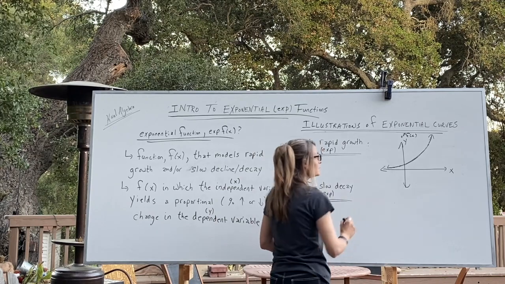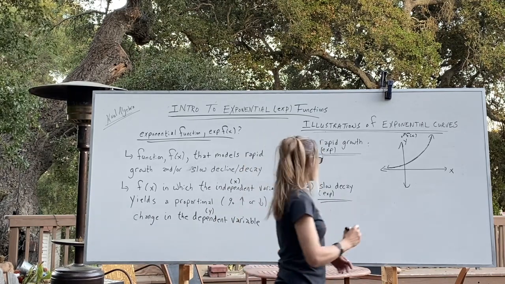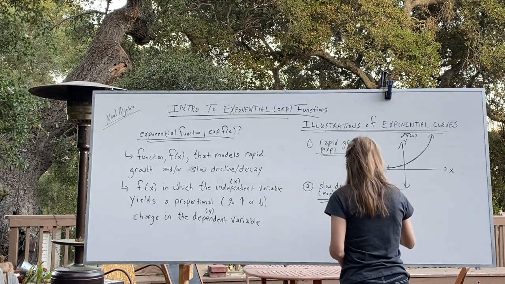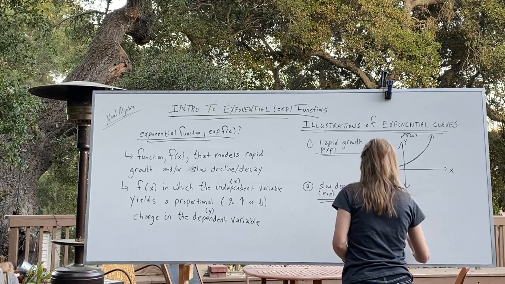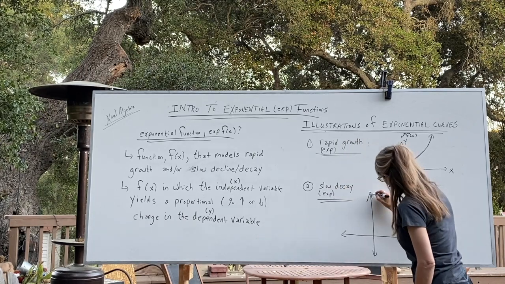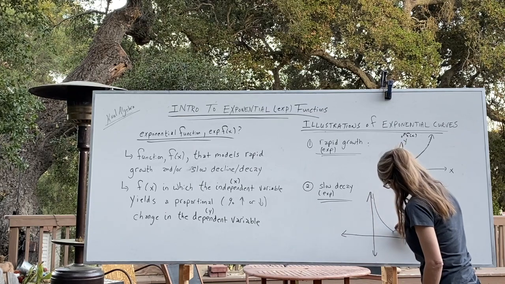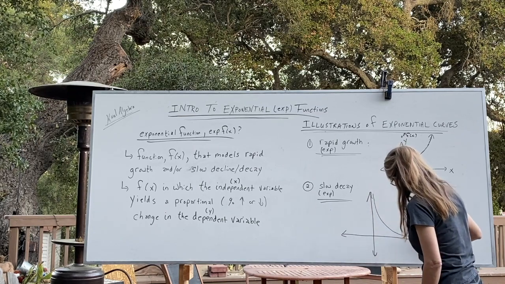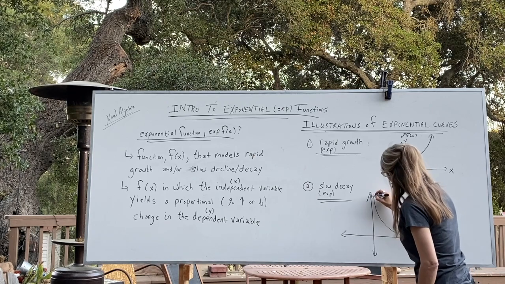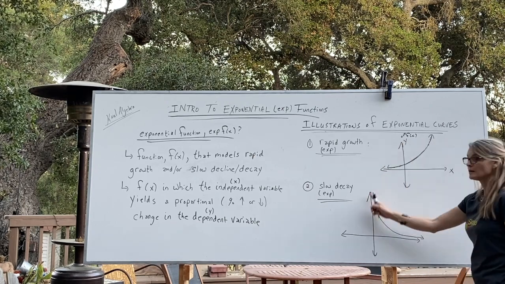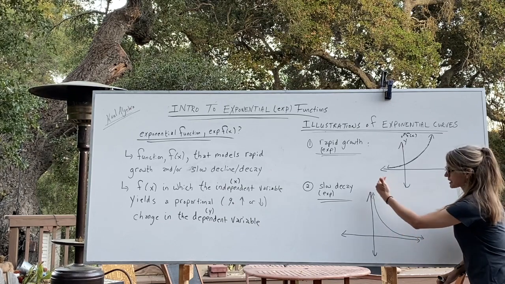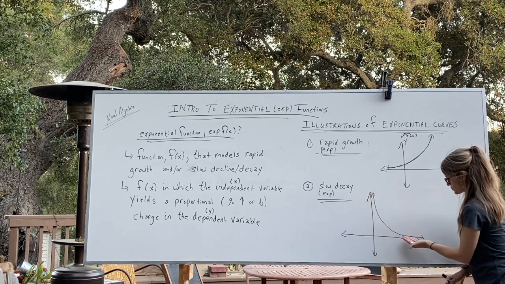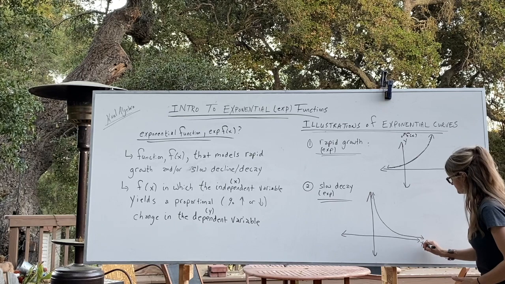A typical pattern in the graphs is that it starts out fairly large and then slowly reduces its amount but never gets to zero. And of course that's going to depend on a lot of parts of the function. So the main type of exponential decay function will go towards the x-axis.